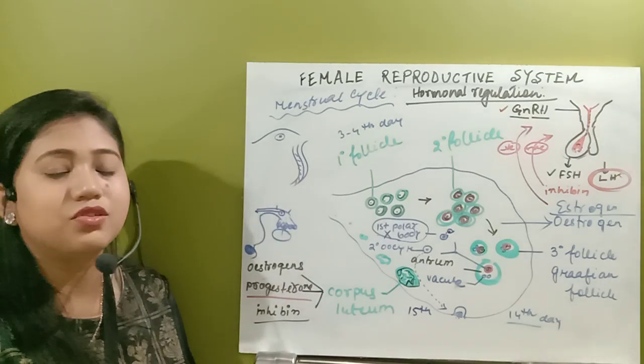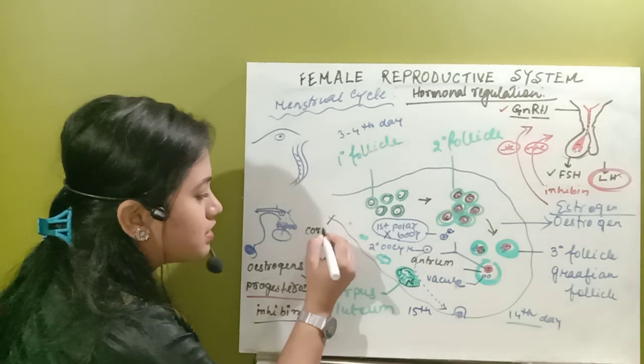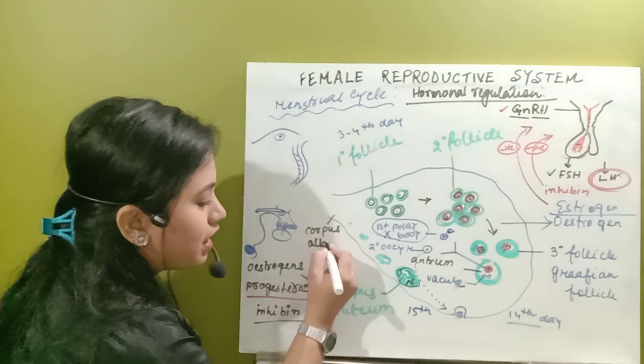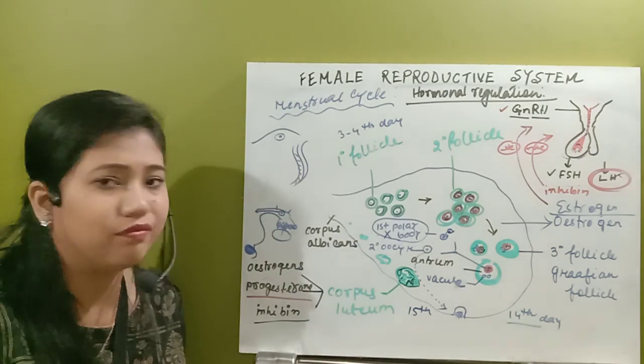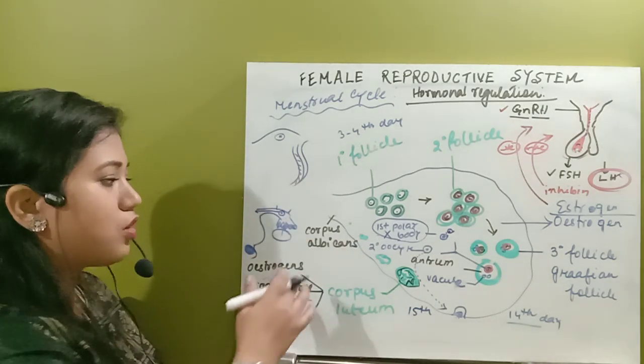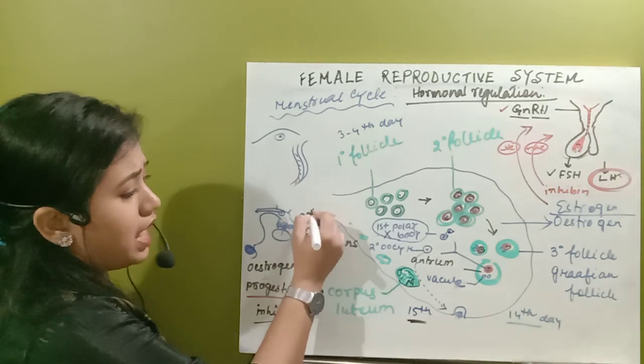And whenever it leaves just a scar, this structure is known as the corpus albicans. Albicans means it is no more yellow in color, it is only white in color.